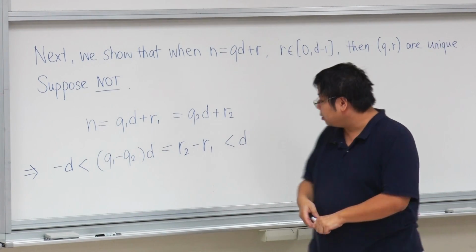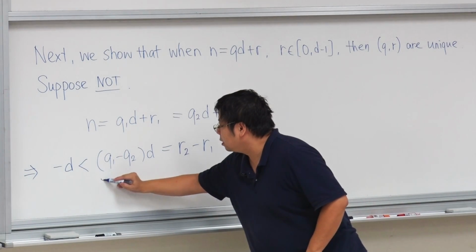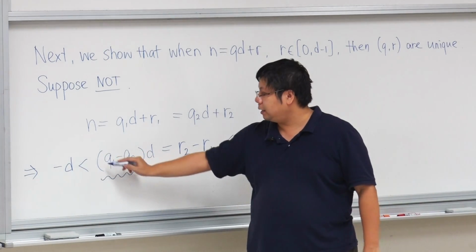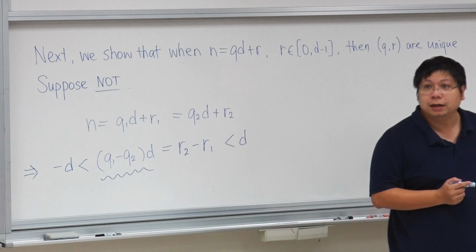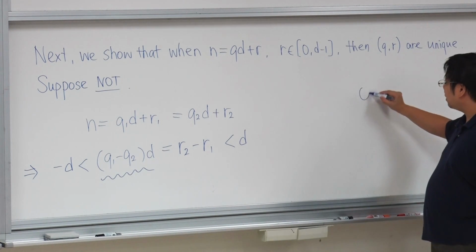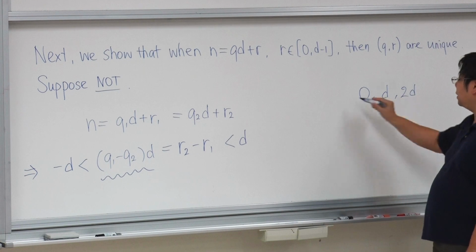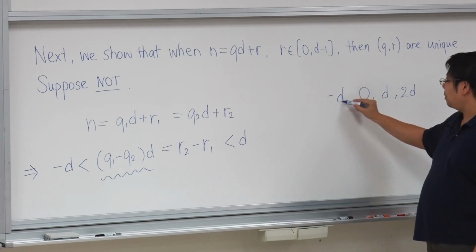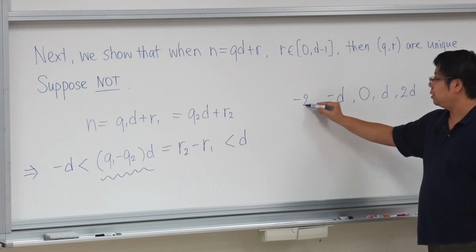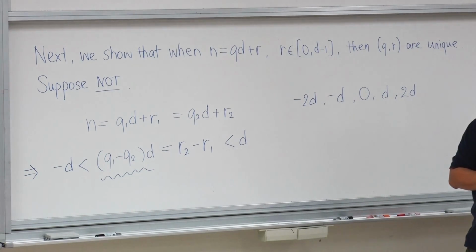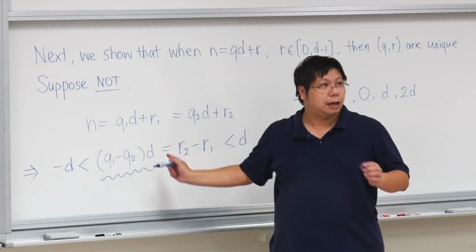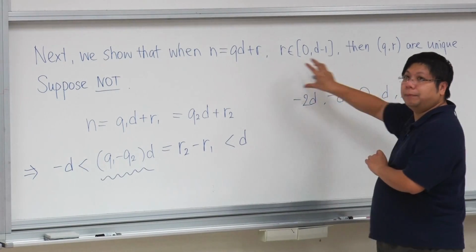This is some integer times d, so it is a multiple of d. What can be a multiple of d? 0, d, 2d, minus d, minus 2d can all be multiples of d. So q1 minus q2 times d has to pick a number here.